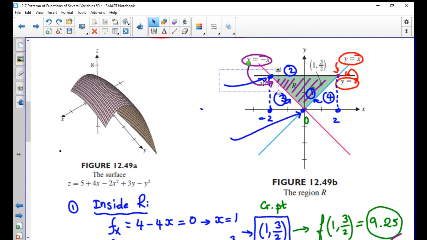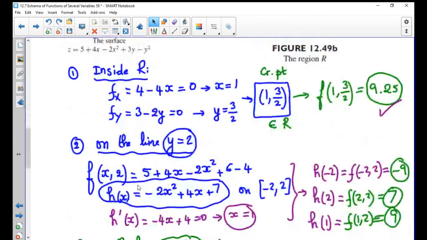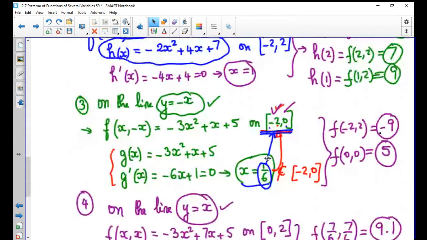It goes from this point, which is -2, 2, to this point, which is 0, 0. So the line y equal -x from -2, 2 to 0, 0. When you look at the line y equal -x, just look at -2, 2 and 0, 0. Do you understand?